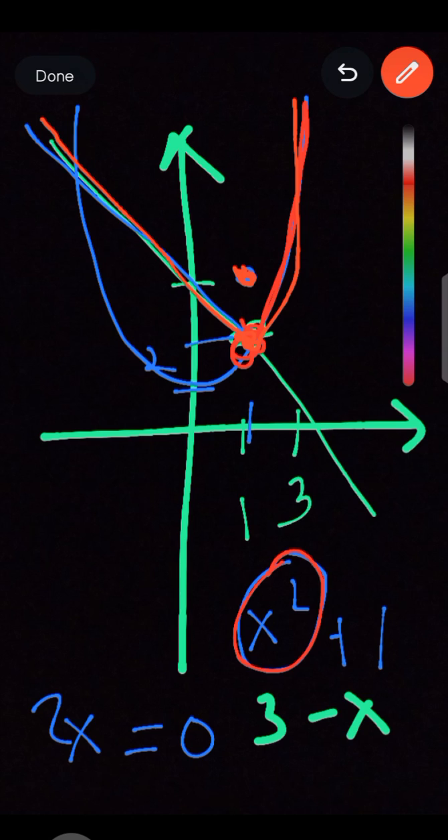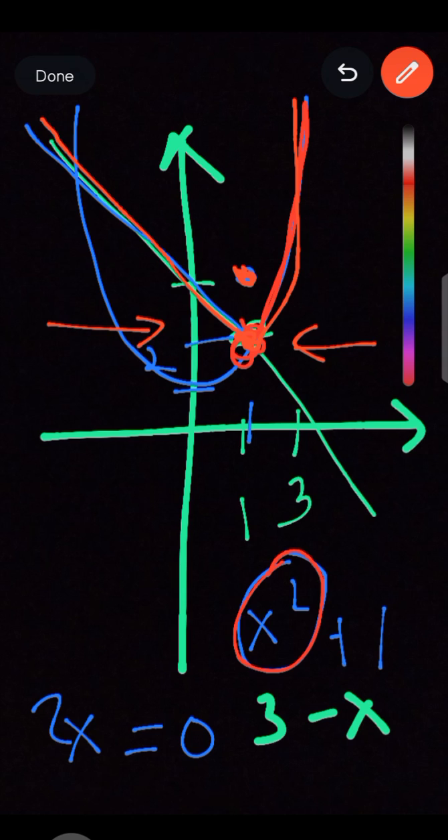But anyways, if this is actually the case, then the limit as x tends to 1 does not exist. No, the limit as x tends to 1 exists, but the function is not continuous at x equal to 1. For a limit to exist, the limit as x tends to 1 from above has to be equal to the same as x tends to 1 from below.